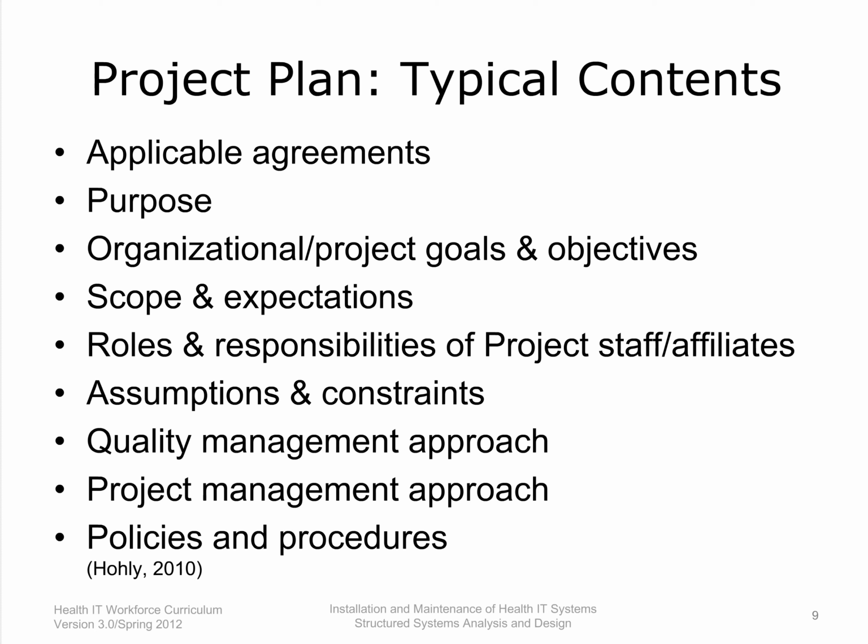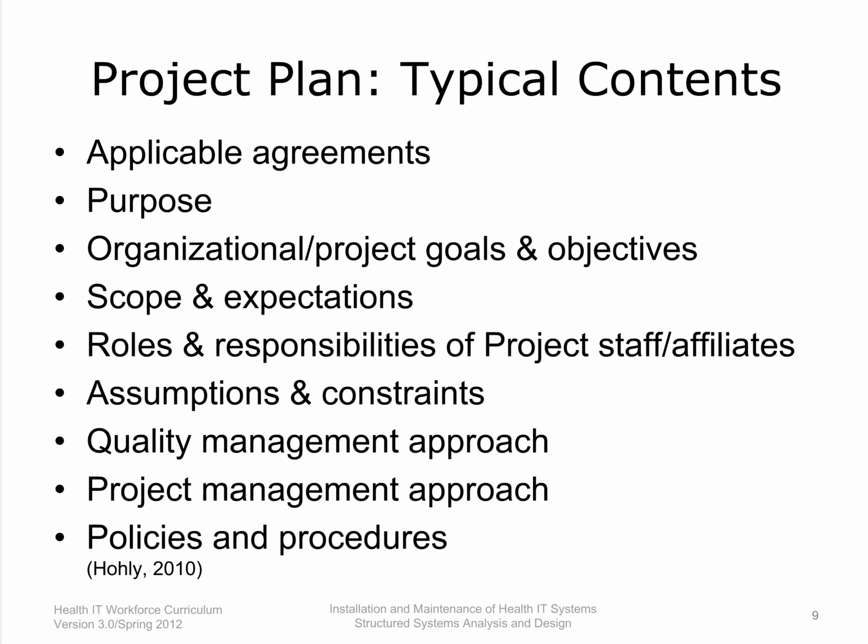Slide 9. A typical project plan formalizes the following: agreements between the employer, the project team, contractors, and anyone else affiliated with the project. The project's primary purpose. Organizational, institutional, and project goals and objectives as to their relationship to the project's outcomes.